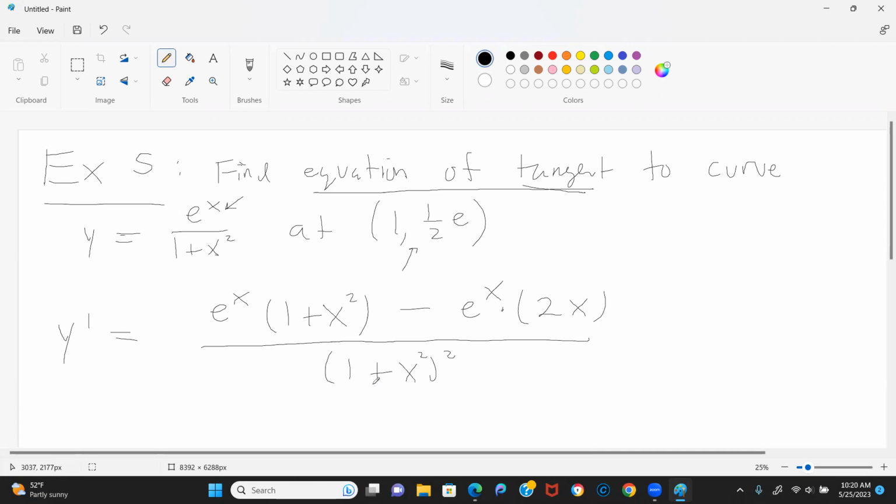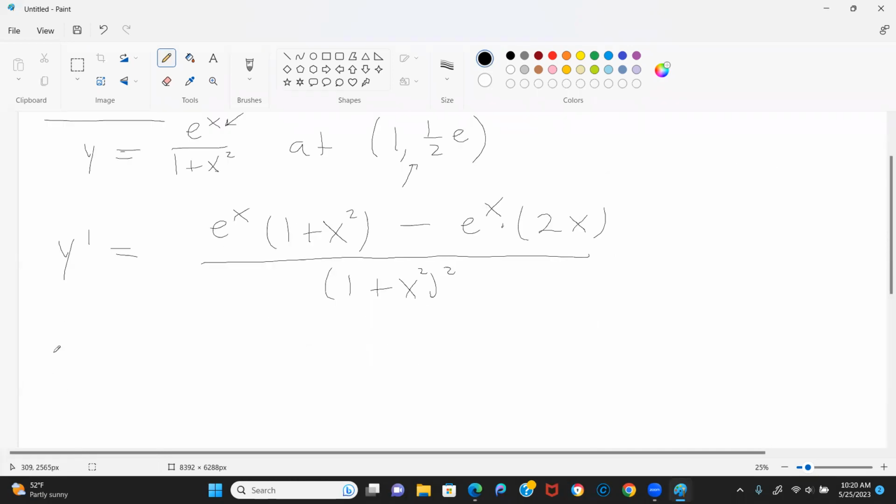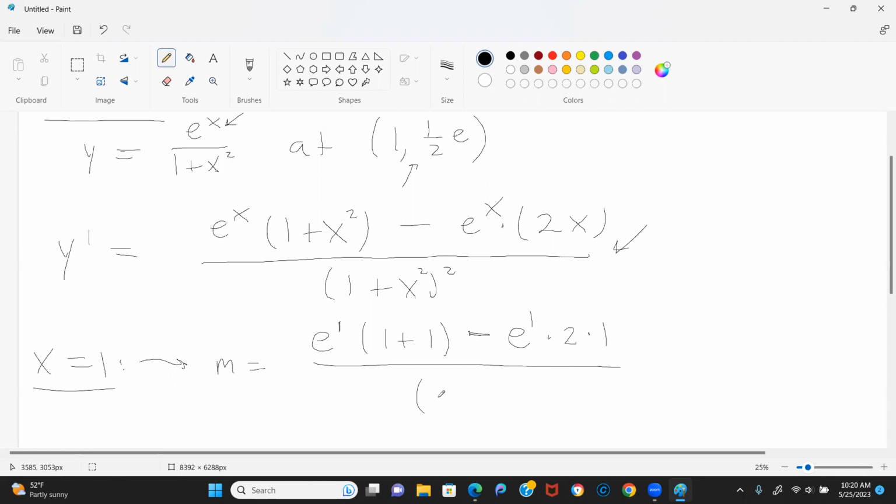All right, that's good. So now we evaluate at x is equal to 1. That means our slope is going to be this thing evaluated at 1. So it's going to be e to the 1 times 1 plus 1 squared, minus e to the 1 times 2 times 1, over 1 plus 1 squared.